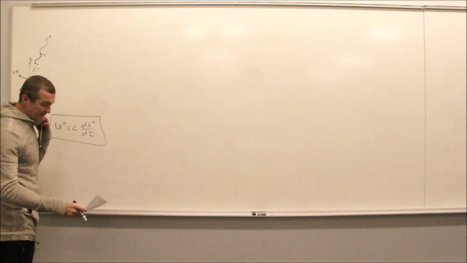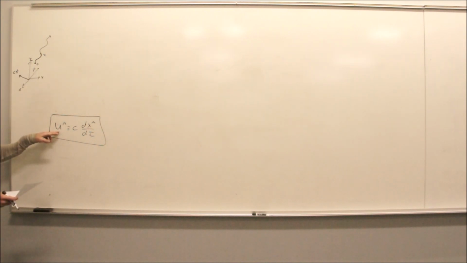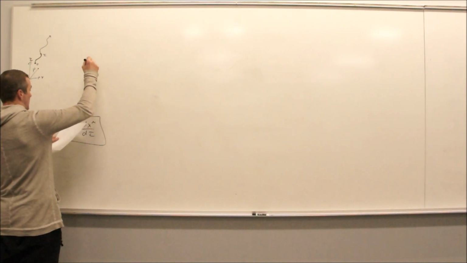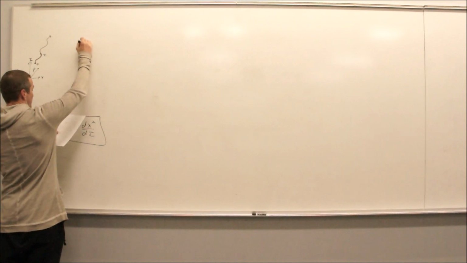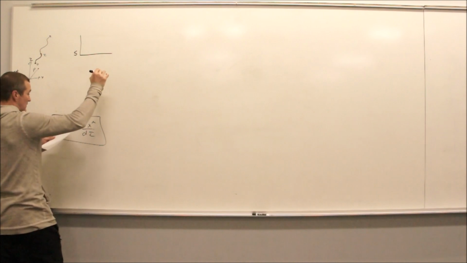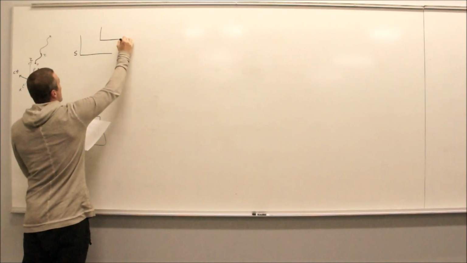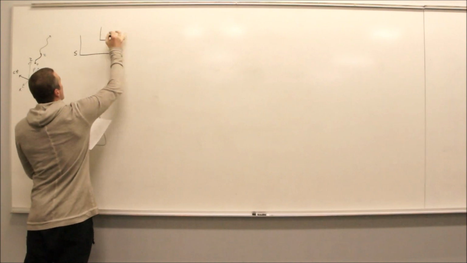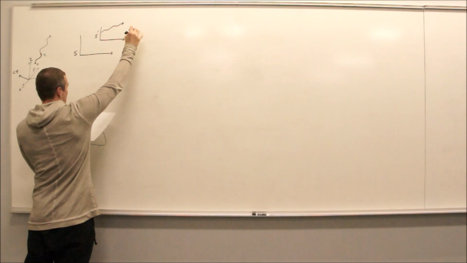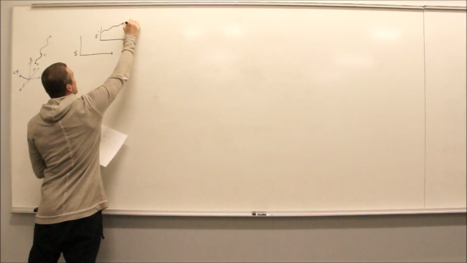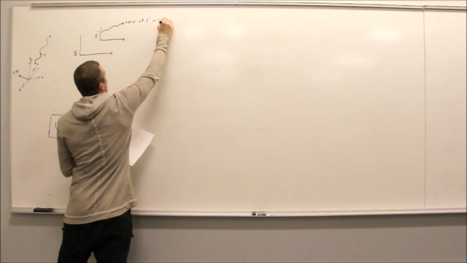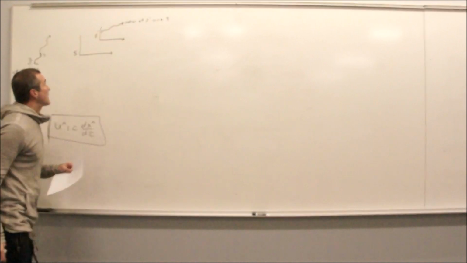Okay, so let's see if we can figure out what the components of this actually look like in some other notation. So first of all, if we have, for example, the frame S, and then we have the frame S prime, which is moving, and this is the motion of S prime with respect to S, okay?